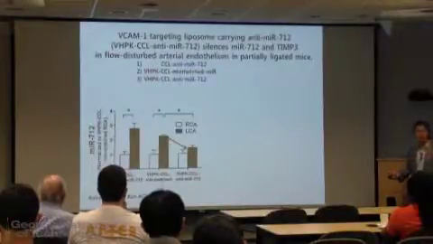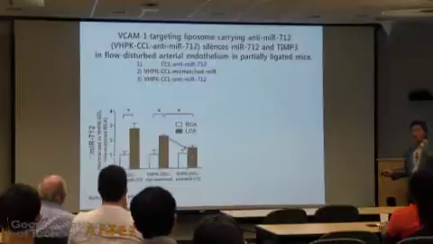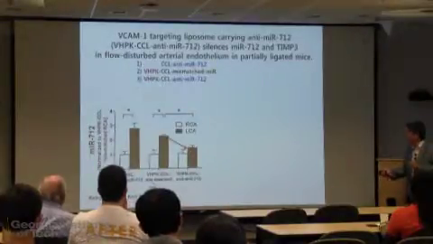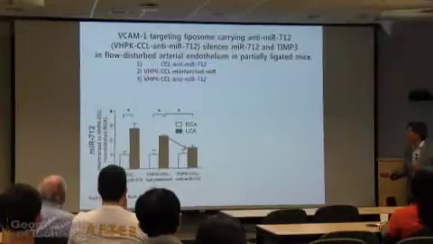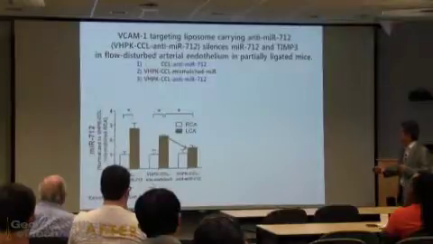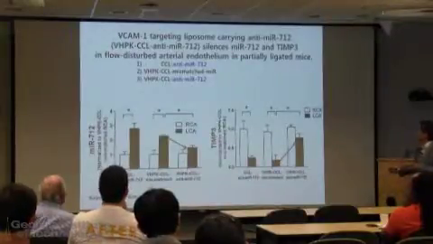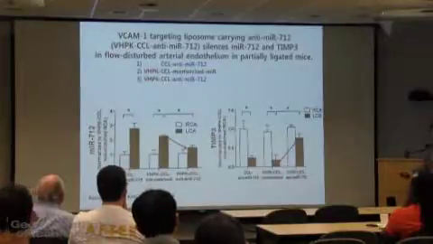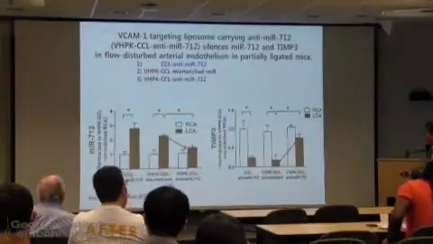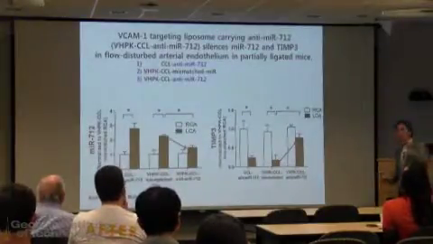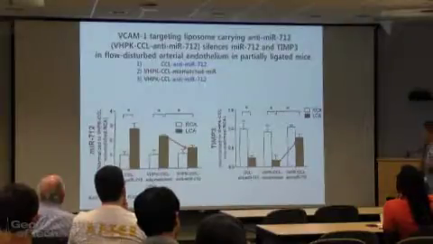If it works, this is what should happen: it goes into endothelial cells, and it should prevent the increase in MIO-712. And that's what we really saw. Not only did MIO-712 level change, but its downstream gene target TIMP3 actually gets rescued. As I told you, TIMP3 level drops in flow-disturbed areas, and this can be rescued by treating animals with VCAM1 targeting anti-MIO-712.